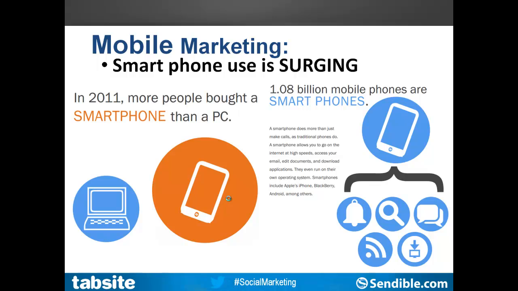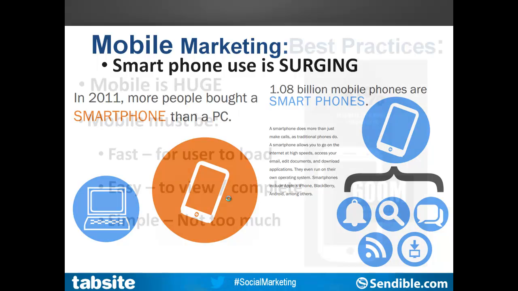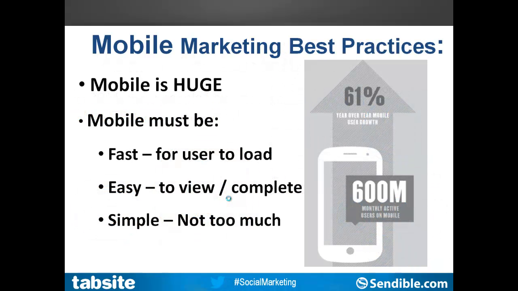How is your business represented on a mobile device if somebody does go to your website, to your information that way? There's a couple key factors that you need to be taking into consideration for effectively reaching the mobile user. Mobile must be fast. It must be fast for the user to load.